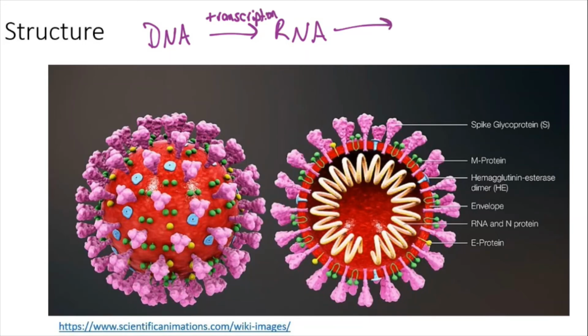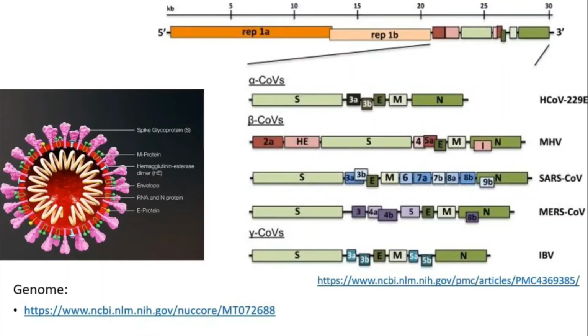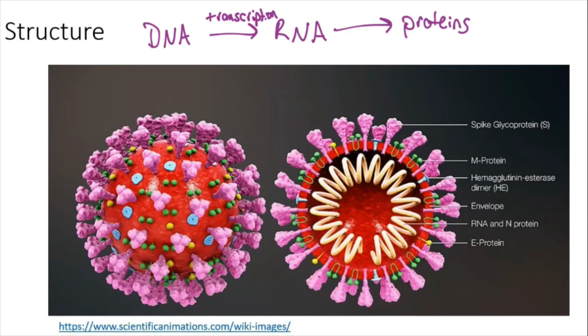And then RNA gets converted into proteins through something called translation. And in this coronavirus, it kind of cuts out this DNA needing to be transcribed portion. The coronavirus really only works with RNA and proteins.